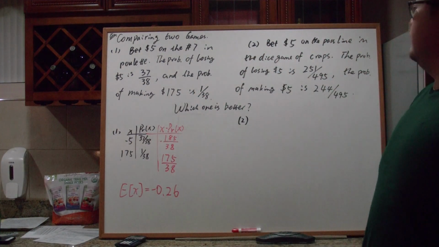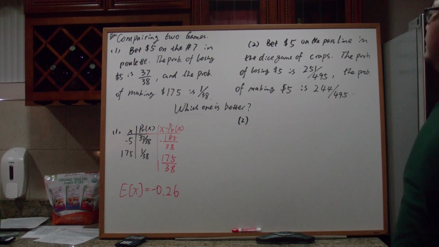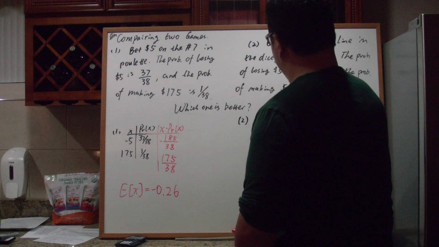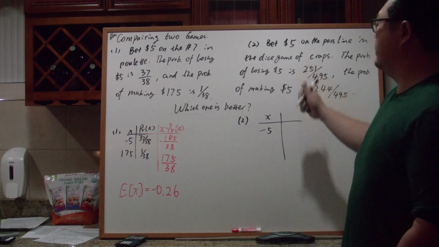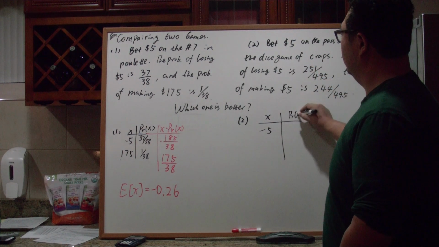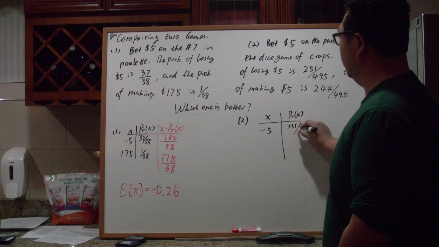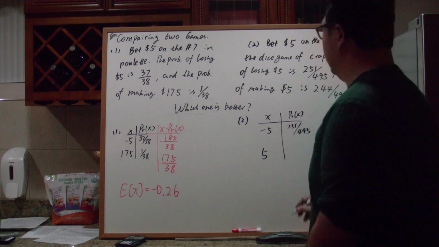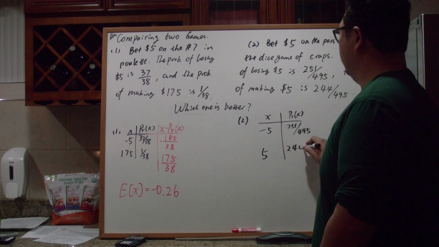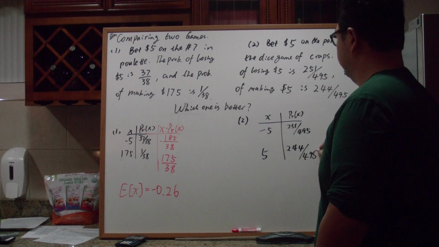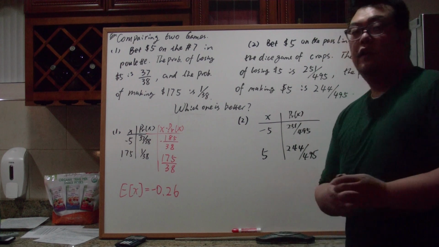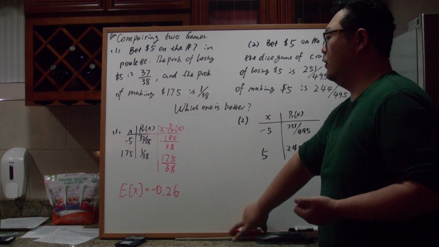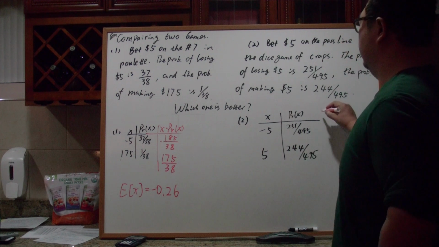And for our second game, that's the same $5. Losing has a probability of 251 over 495, and the likelihood to win the $5 net gain will be 244 over 495. So there are the values, and we're looking for the expected value. We'll do the same thing, looking for the mean of the distribution.